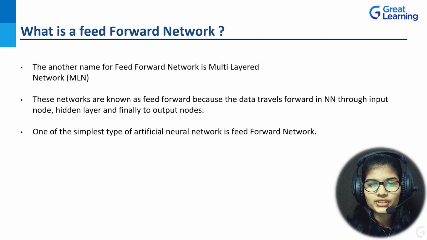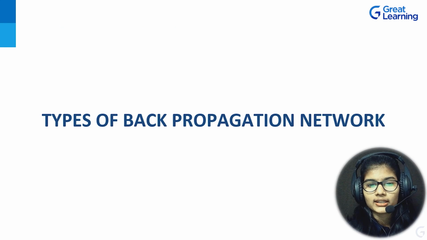This smooth procedure is the reason we see them as feed-forward networks. One of the simplest types of artificial neural network is the feed-forward network.